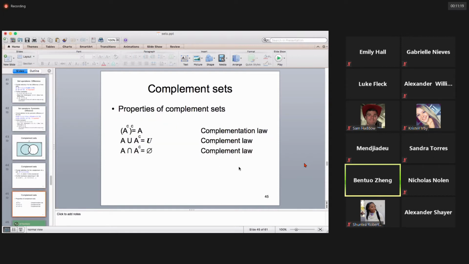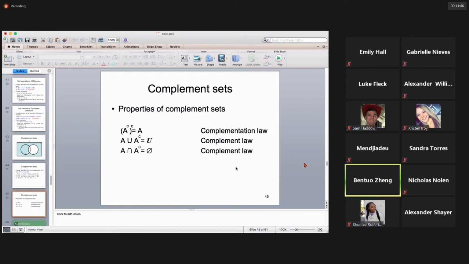There are some basic properties of complement sets. The first one: if you take the complement of A complement, it comes back to A. This is obvious from the definition.